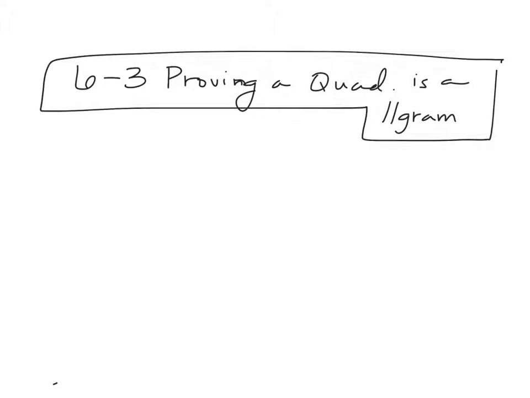The beauty of 6-3 is it is the converses and maybe one extra from 6-2, okay? So it's really just reiterating in the other direction. And we're just going to list them again, but I'm going to draw pictures of each one of them for you just to make sure you're clear on what everything is. So we're going to space them out a little bit, but we are going to make a list, okay?